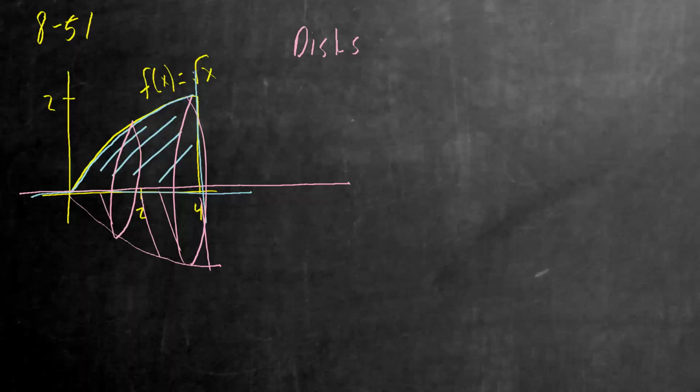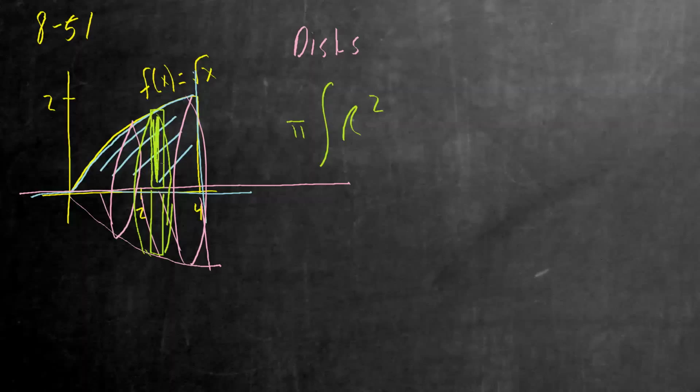Then we need to decide where our generic rectangle is and what it looks like. There it is. So what is our integral of pi r squared? What is our radius?